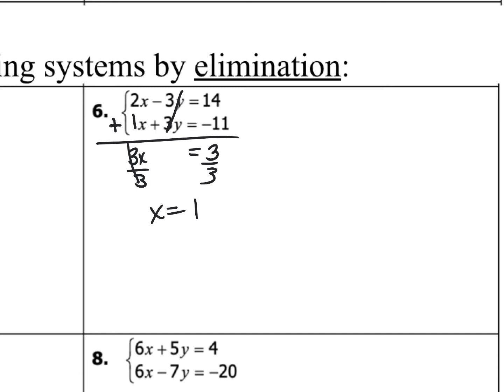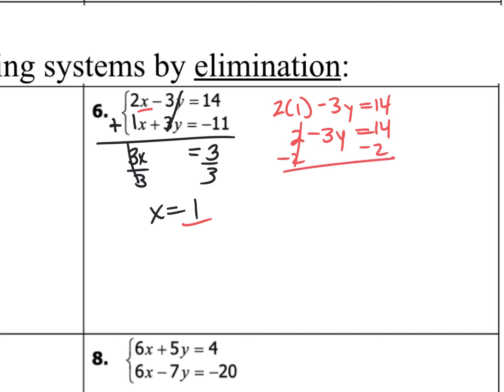If x equals 1, then let's put 1 in the first equation. 2 times 1 minus 3y equals 14. 2 times 1 is 2. Subtract 2 from both sides. Negative 3y equals 12. Divide by negative 3.